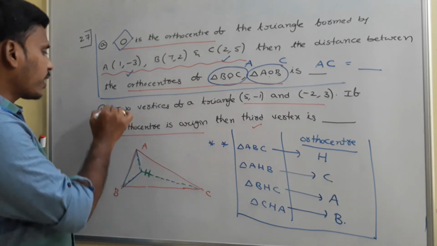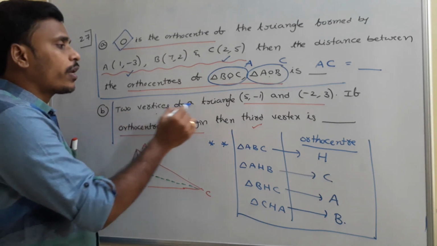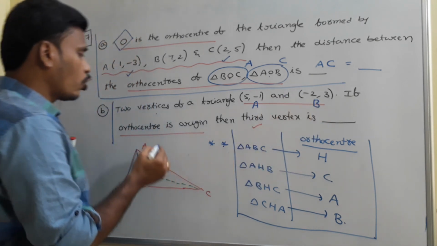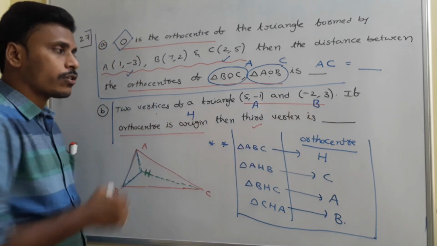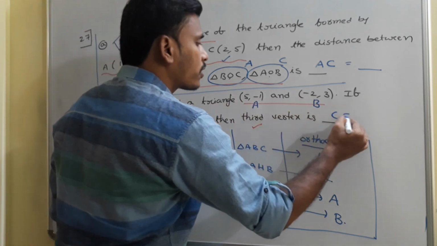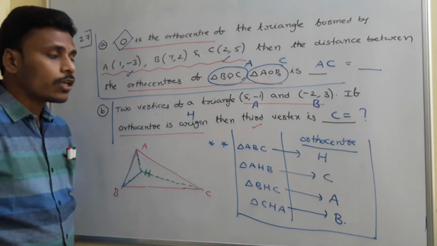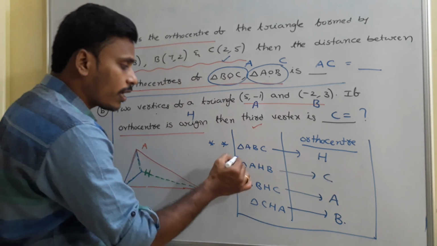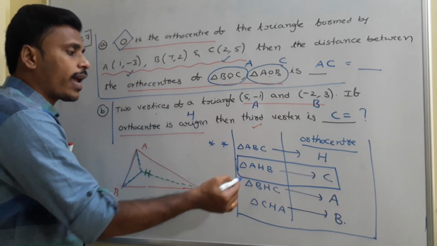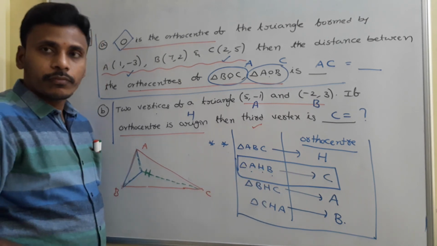Let us think about the next problem. Two vertices are given; take them as A and B. The orthocenter is the origin, so take it as H. A, B and H are given, and we need to find C. C is the orthocenter of triangle AHB.